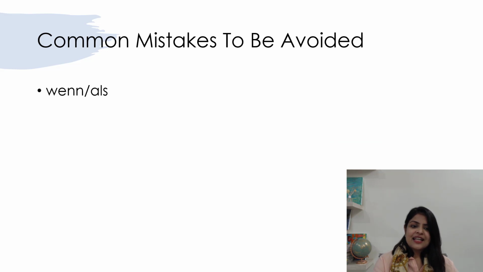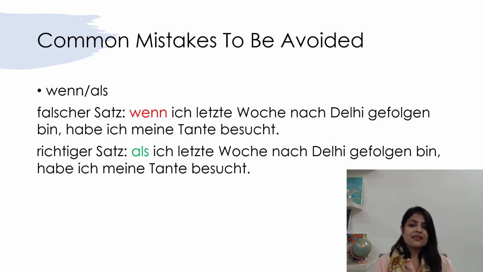And last, this is the last mistake which I'm mentioning over here, but not the least: confusing between wenn and als. If you are still getting confused between these, I would request you to please watch my video on this topic, confusing between wenn and als.